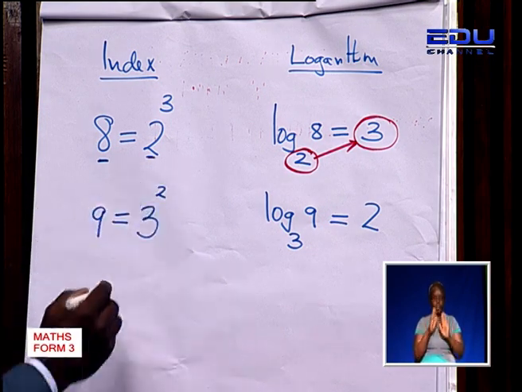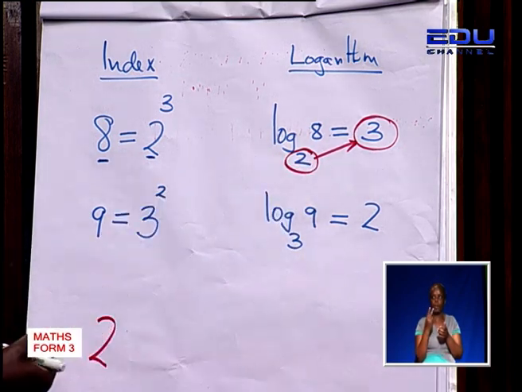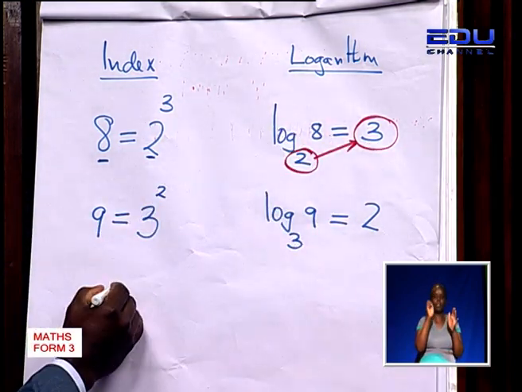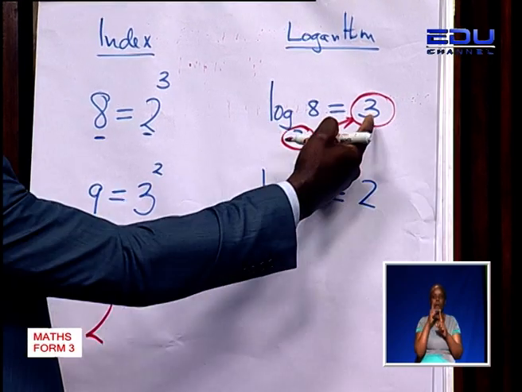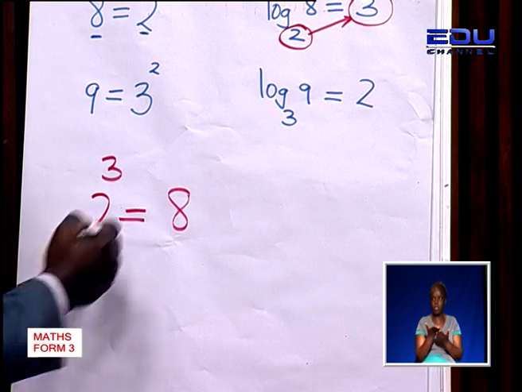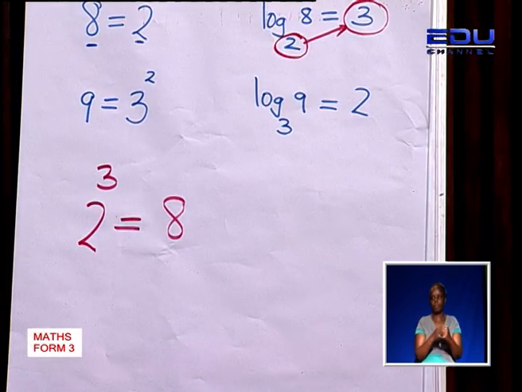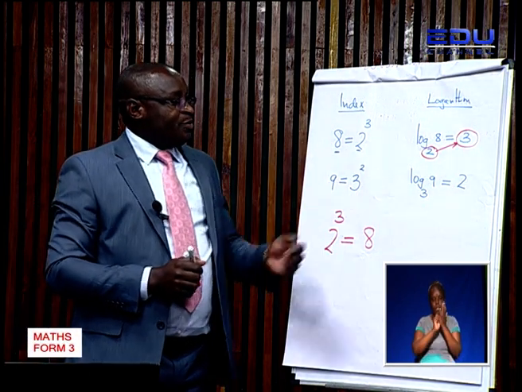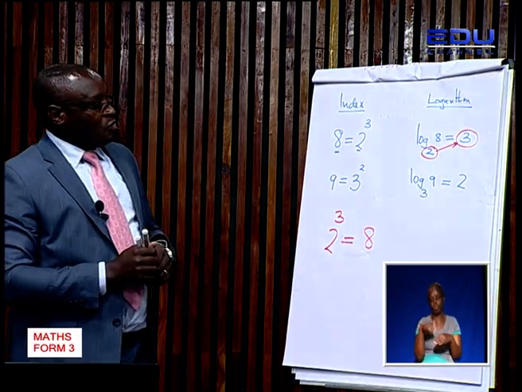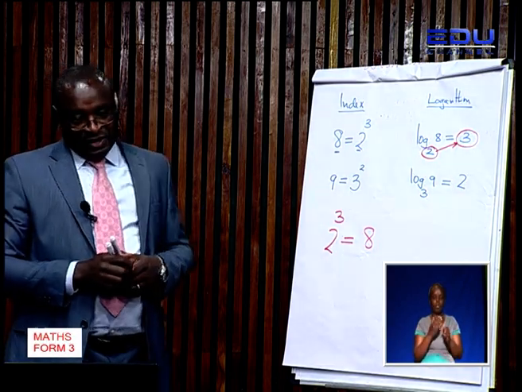That means if I write 2, which is my base, raised to the power of 3, which is my logarithm, the answer will take me back to 8. And that is the skill that we need to practice so that we are able to switch from one form to the other form.